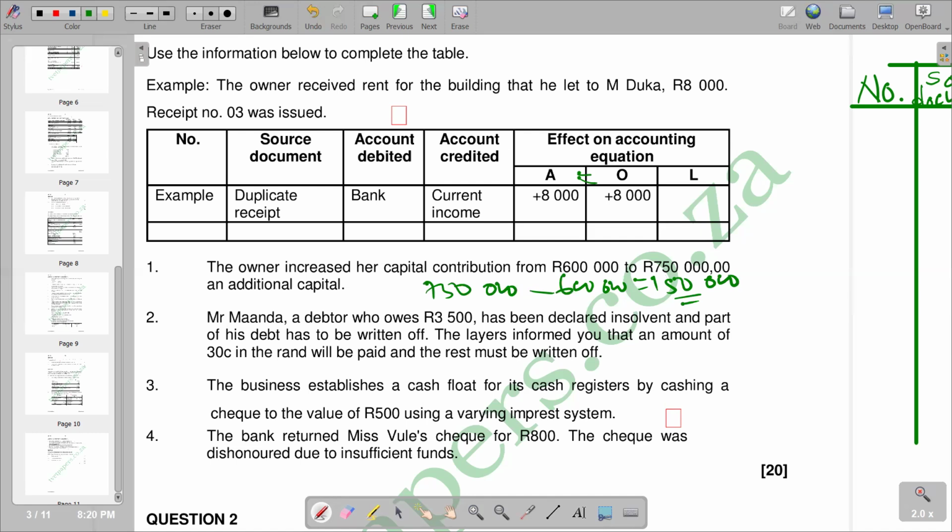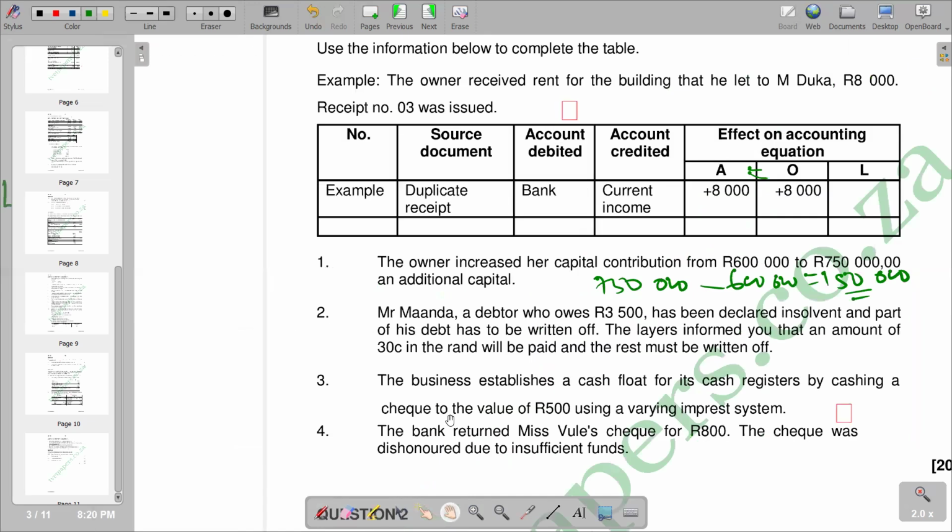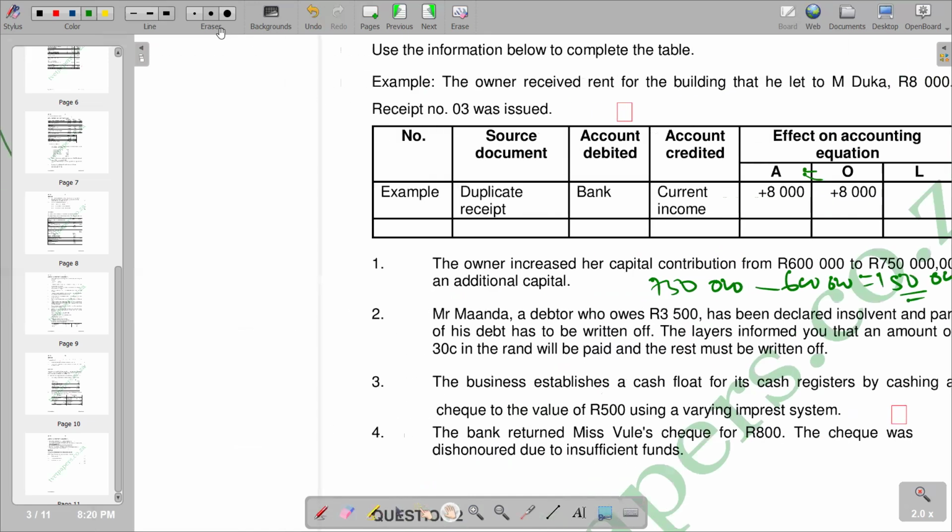Obviously, we have an owner increase in capital, which means we have the capital account there. And then we also have bank, because this money is going to be received by the business. So we say two accounts are involved: capital and also bank. So these are the two accounts. Which one is debited, and which one is credited?